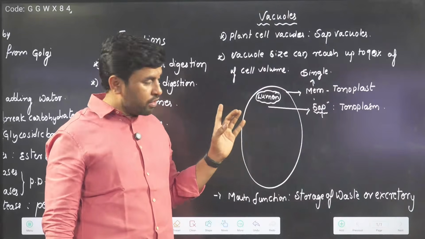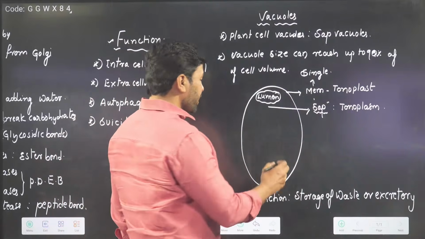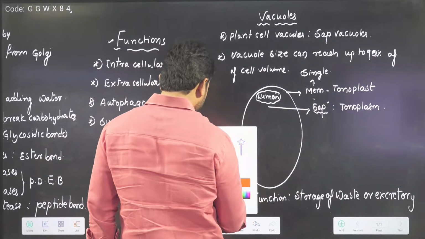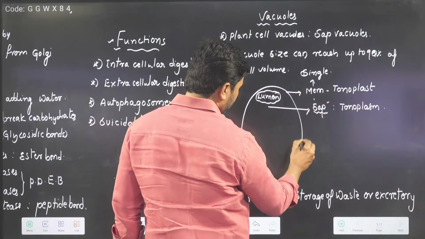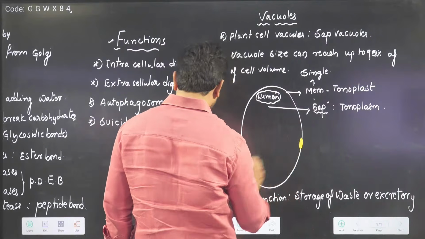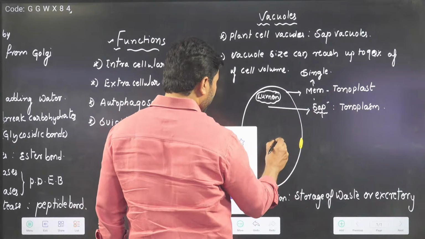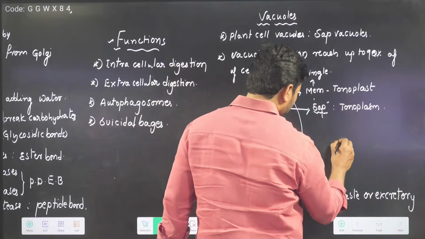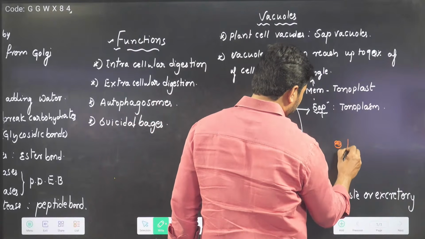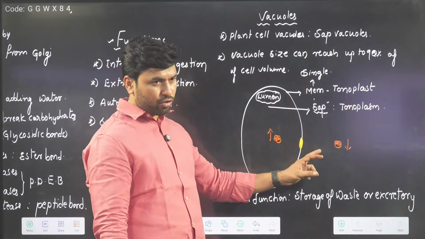That means anything that is produced by the cytoplasm gradually enters inside the vacuole. As a result, the waste material concentration inside the vacuole will be greater than the waste material concentration inside the cytoplasm.